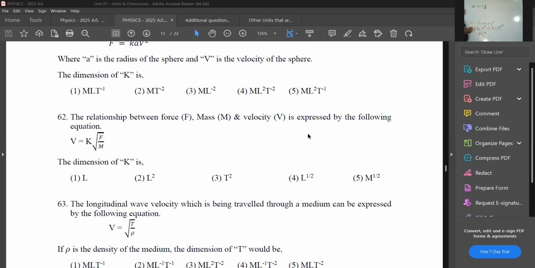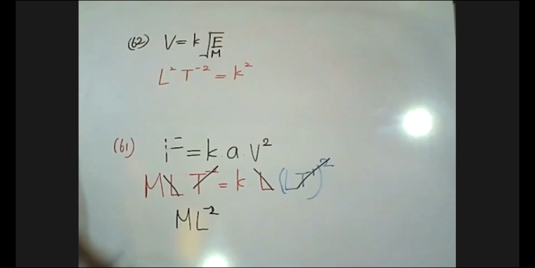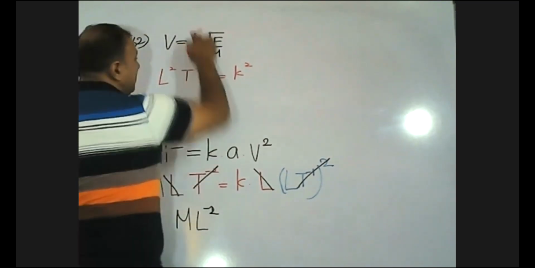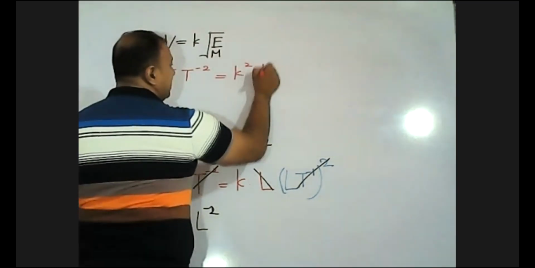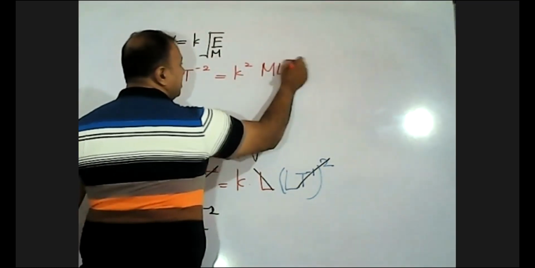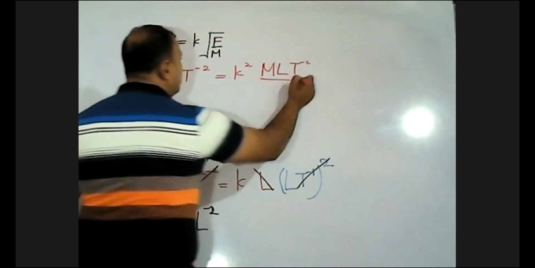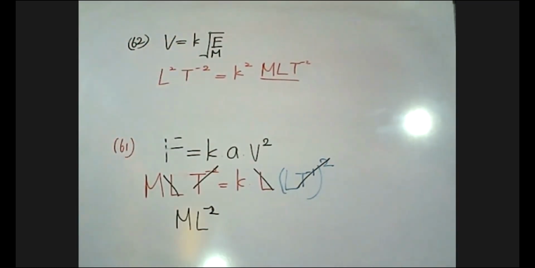If I square both sides, V squared means L squared T minus 2 is equal to k squared. Look at this, I have taken the square of V at once. Okay, k squared times F, which means M L T minus 2, over M.